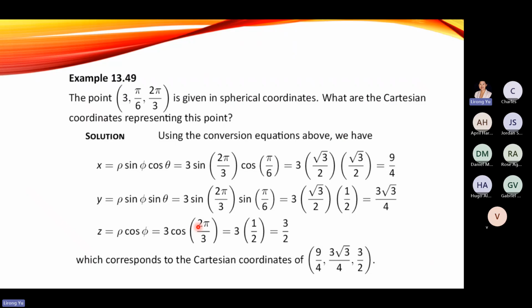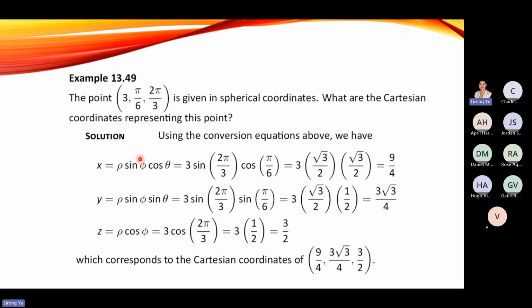So let's look at some questions on how we convert the coordinate system. Suppose we have a spherical coordinate, which means the first coordinate is a distance, and the second and third coordinates are angles. How do we find their Cartesian coordinates, which means we're trying to find their x value, y value, and z value. Based on the formula, x equals rho sine phi, remember rho sine phi is r in the xy coordinate system. This is essentially x equals r cosine theta, where r is rho sine phi.